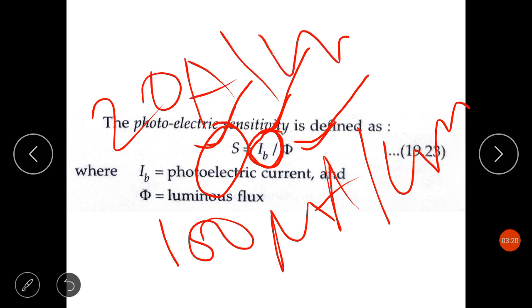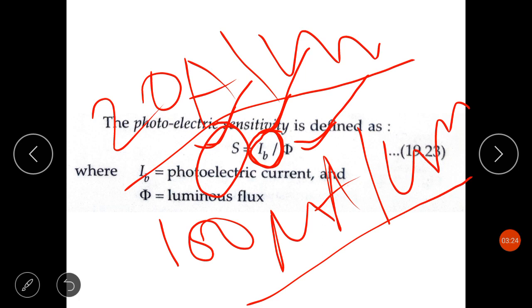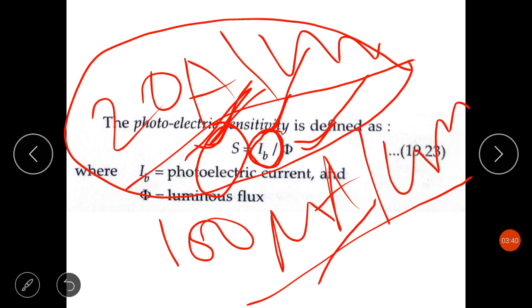As you can compare, the output photoelectric current is in amperes in the photomultiplier tube and in microamperes in the vacuum type photoemissive cell. So the photomultiplier tube has very high sensitivity as compared to the vacuum type or gas filled type photoemissive cell.